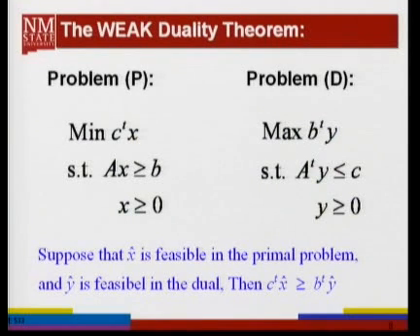If we reconsider the symmetric primal-dual pair, the weak duality theorem tells us that the objective value of the minimization problem is always greater than or equal to the objective function value of the maximization problem, of course in the symmetric primal-dual pair.